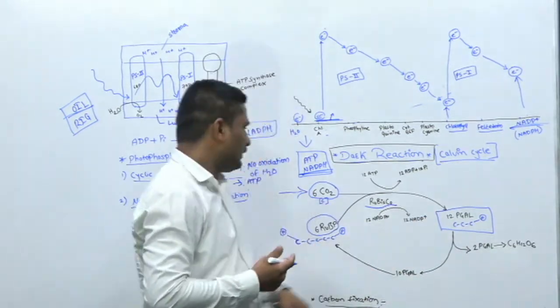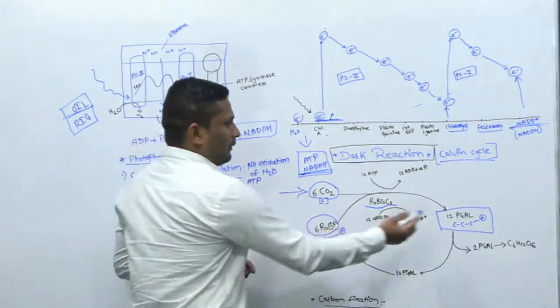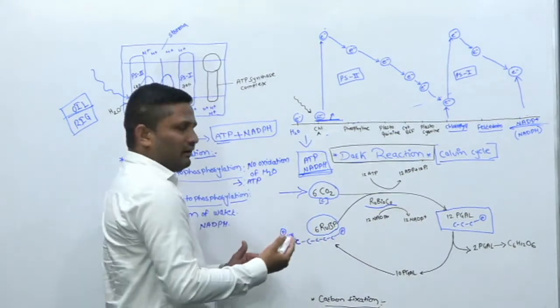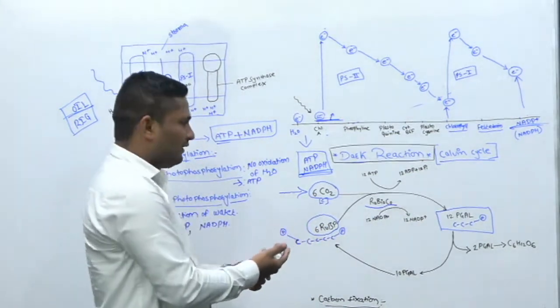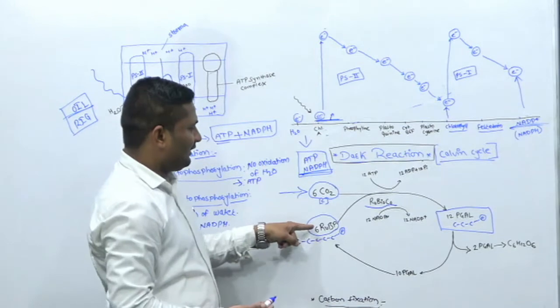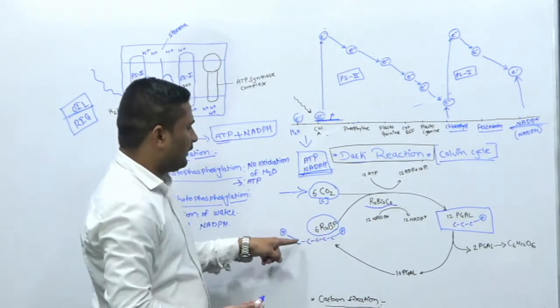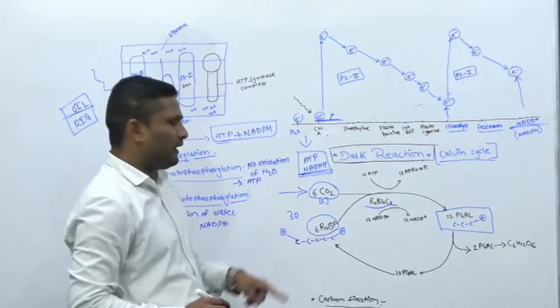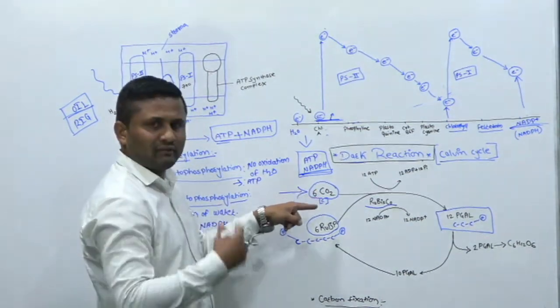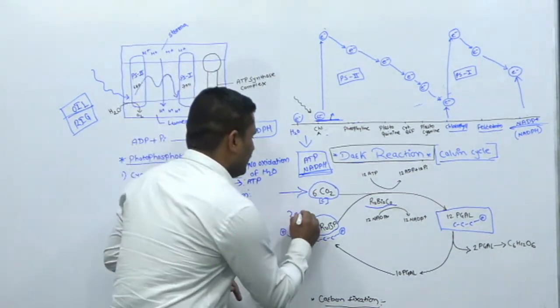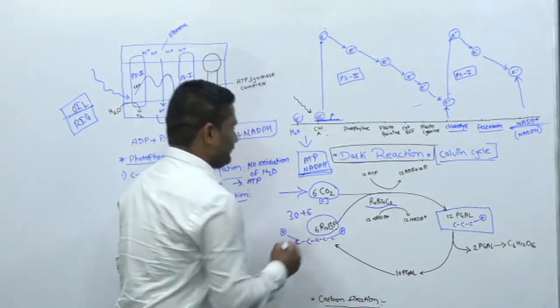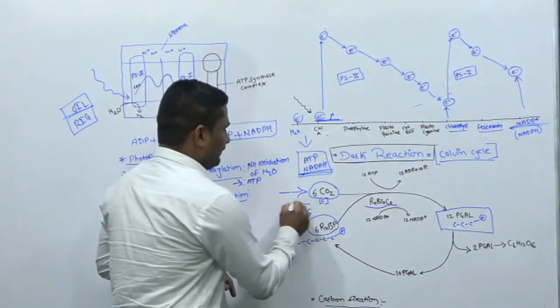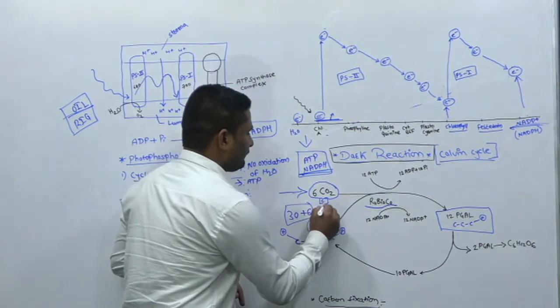Now see here how many carbons there are, and that's why I have written these numbers. In 6 molecules of RuBP there are 30 carbons, and in 6 carbon dioxide molecules there are 6 carbons. So total 36 carbons are there, right?